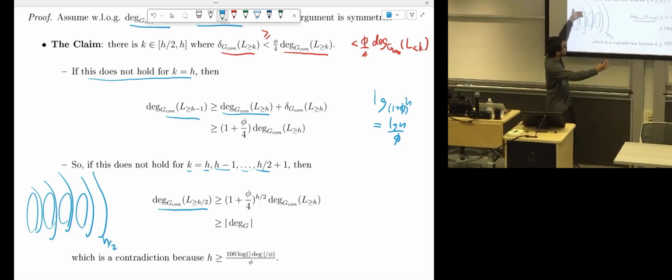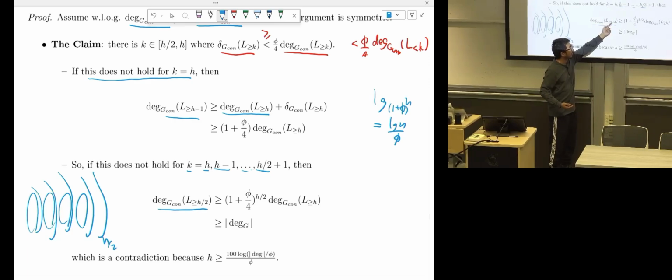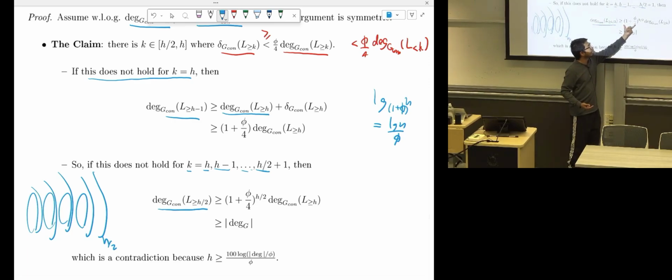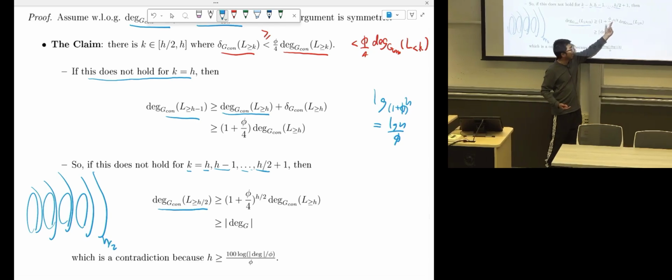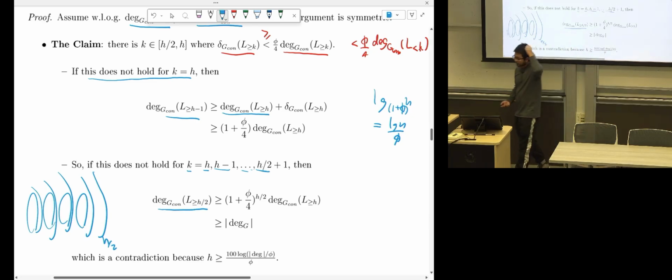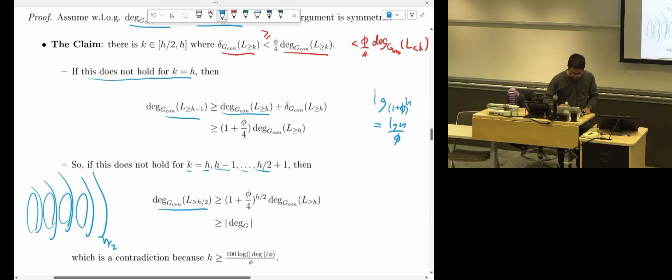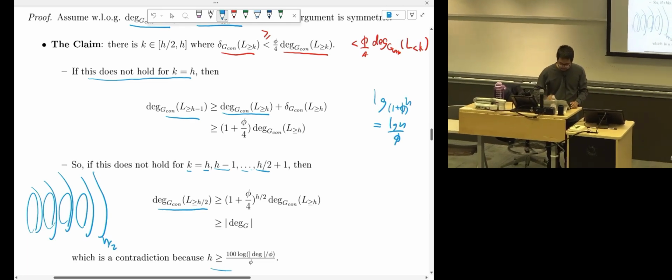And the volume of the layer at least h over 2 is going to be this factor to the power h over 2 times this. But h is like this one.